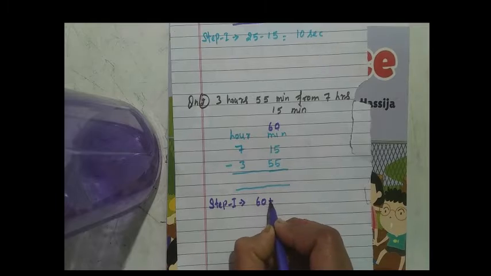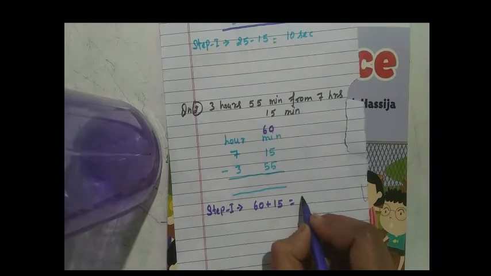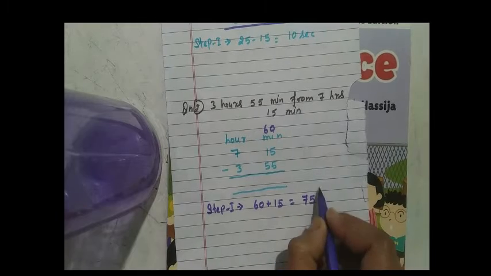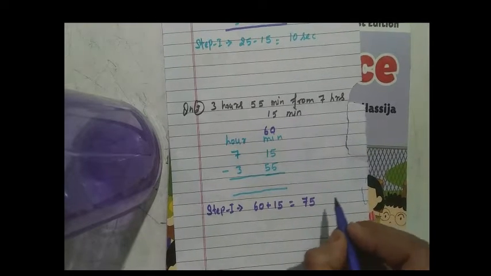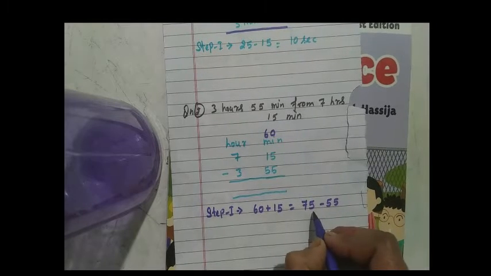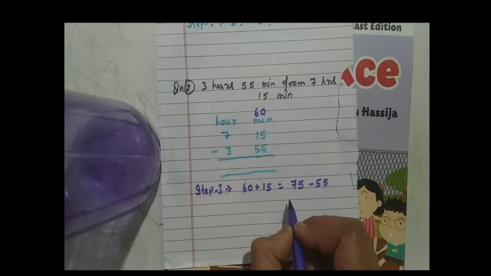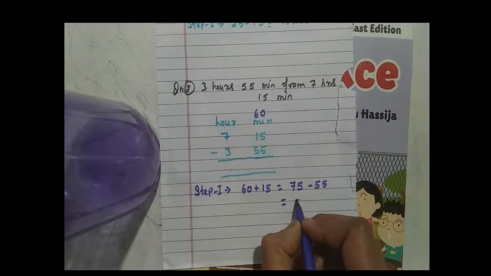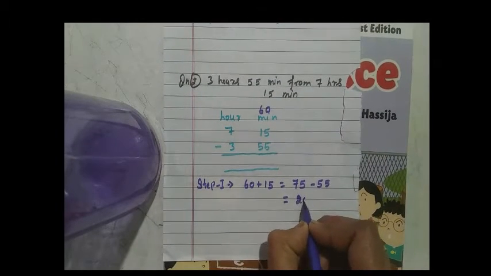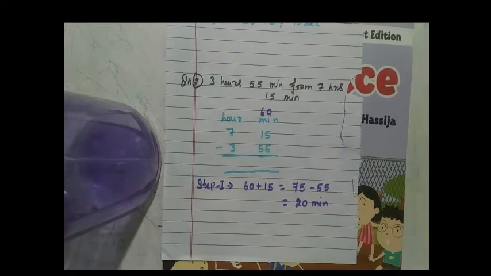So 60 plus 15 is 75, and then you can subtract 75 minus 55. Can you subtract 55 from this 75? Of course, yes. And what are you getting as answer? 20. 20 minutes is the answer. Clear?